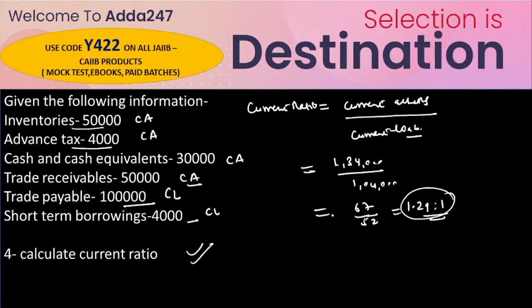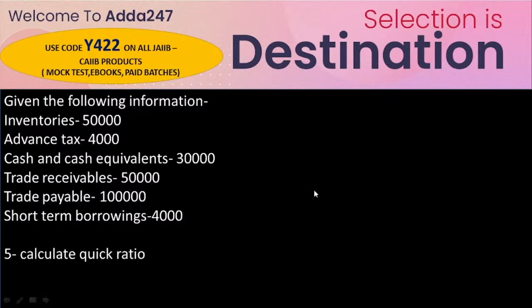Just look how quickly you can solve the questions of ratio analysis. Now if we have to find out the quick ratio, it is very important to understand that the formula will be quick asset divided by, not quick liability, because in liability cases we do not write quick liability.